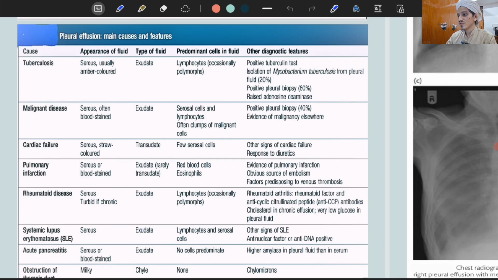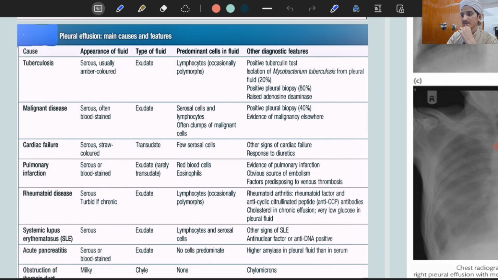Okay, so the more useful tests are pleural biopsy or raised adenosine deaminase. These two are the more useful tests to confirm TB if you don't have any other clinical feature. Okay, there are cutoffs we will discuss later on.